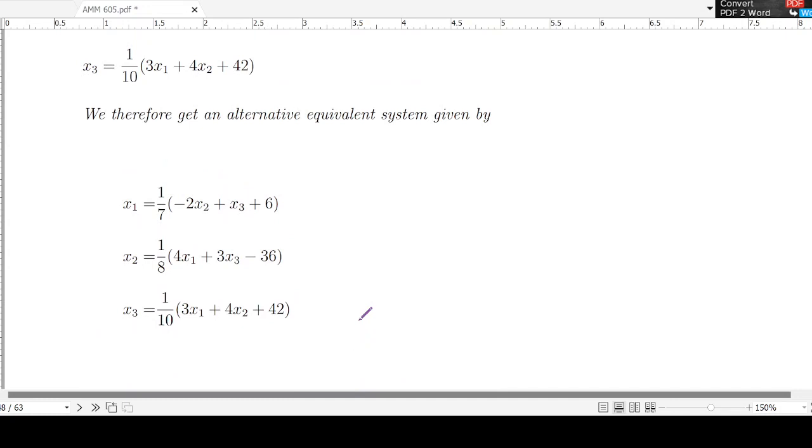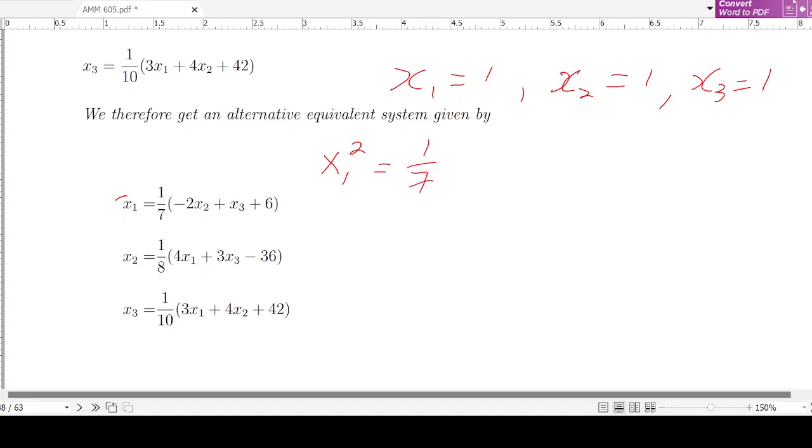If we take the initial approximation, which we have taken, x1 is 1, x2 is 1, x3 is 1, we could have written here, for the system, x1^(2) would be 1 over 7 into minus 2 x1^(1) plus x2^(1), x3^(1) plus 6.